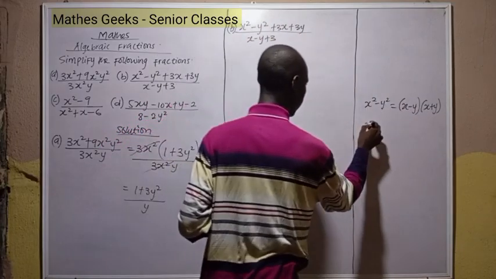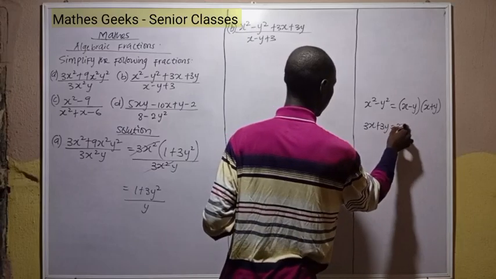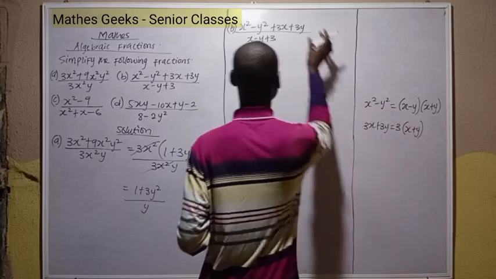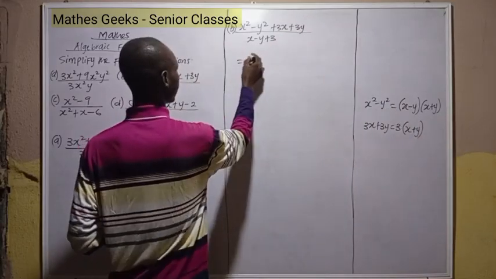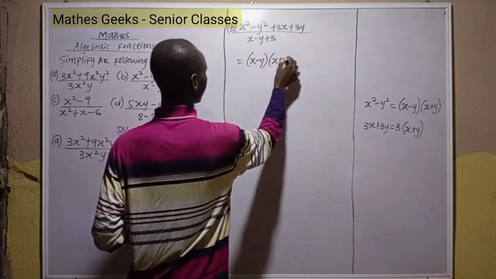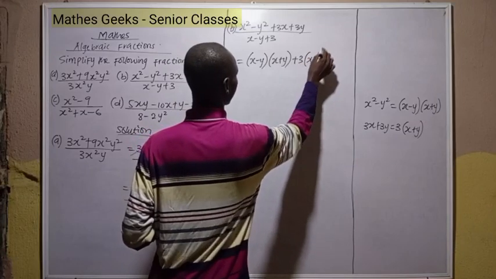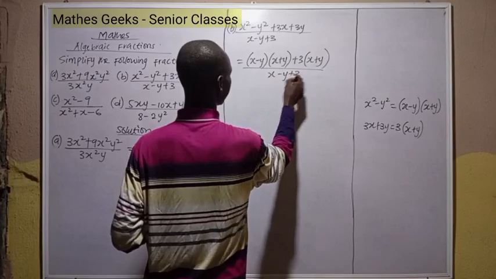And then 3x plus 3y, if you factorize it, 3 is common. So this will give us 3 times x plus y. So we'll put this in place of this. So our expression reduces to x minus y times x plus y, plus 3 times x plus y, over x minus y plus 3.